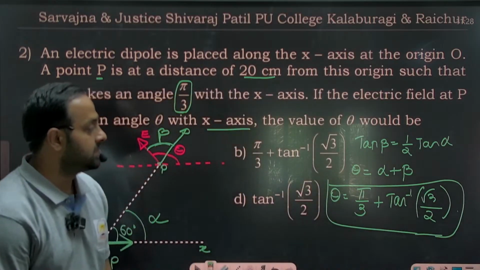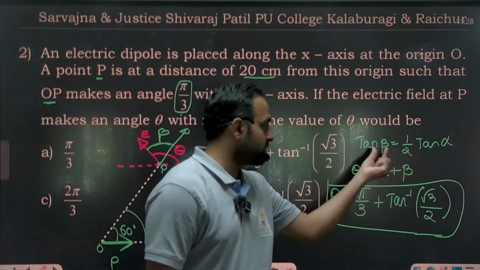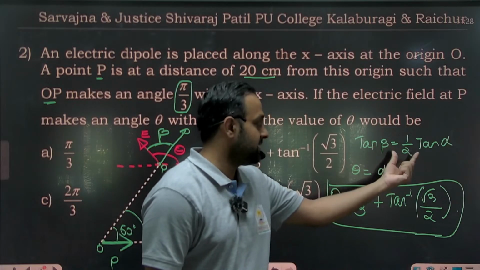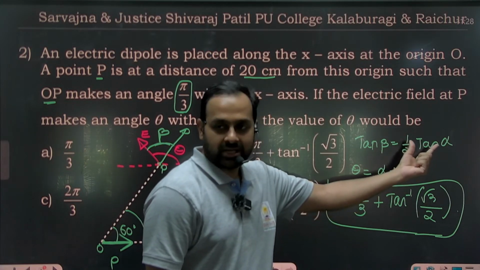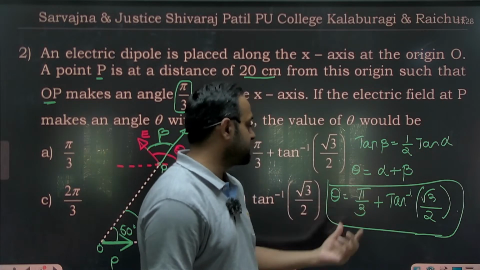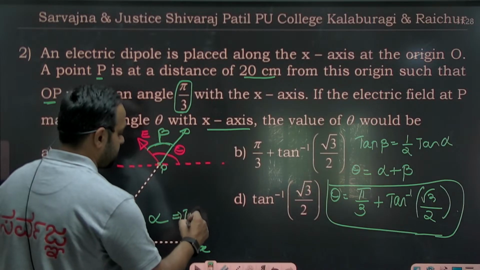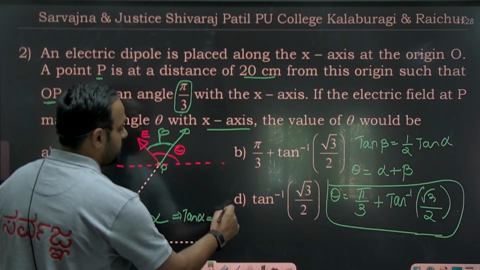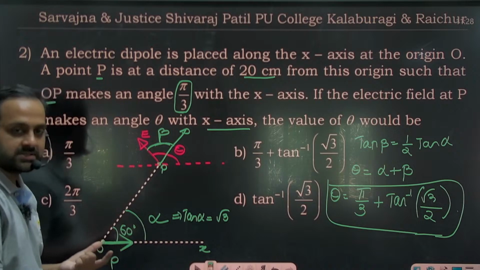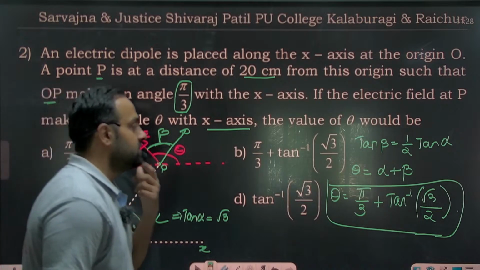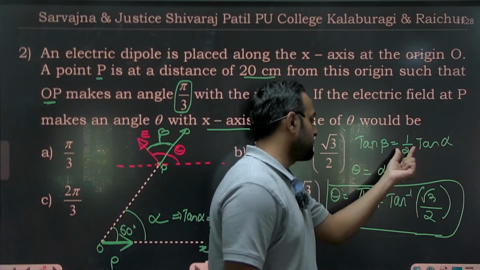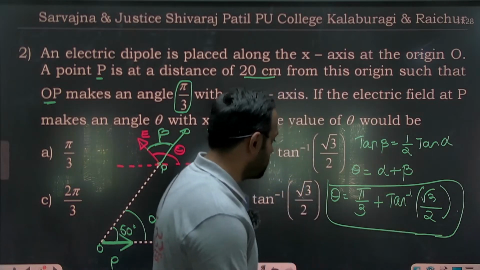From this, if you want to write beta, beta is simply tan inverse of tan alpha by 2. But how much is tan alpha? Alpha is 60 degrees, so what does tan alpha become? Root 3, because tan 60 is root 3. So this is root 3 divided by 2, tan inverse of root 3 divided by 2.